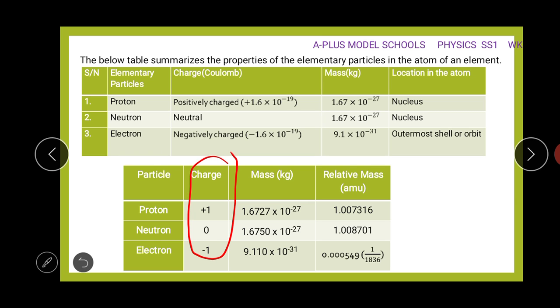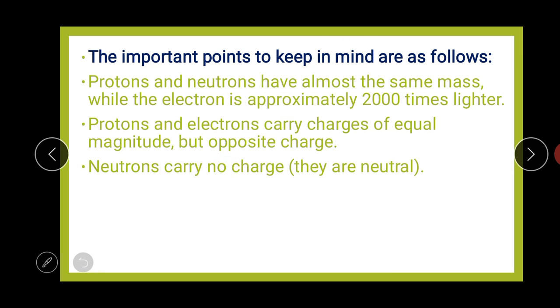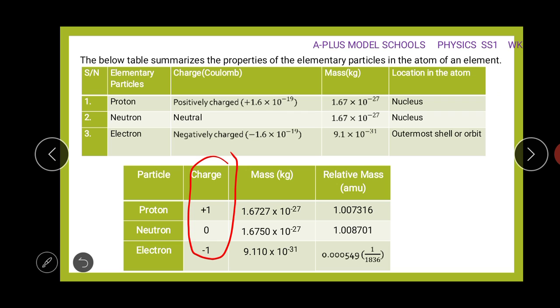Don't forget that. There are some important points we have to know: protons and neutrons have almost the same mass. Look at the mass here.